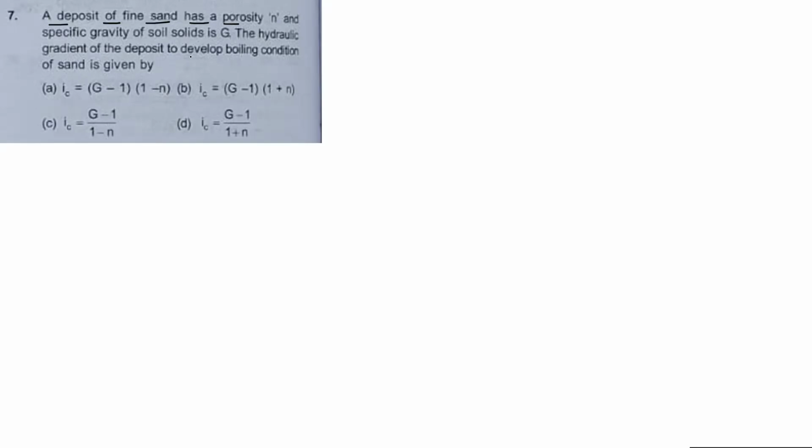Again, this is explained in question number 1. You know that Ic is equal to (G minus 1) divided by (1 plus e). In this case, porosity is n, so e is equal to n divided by (1 minus n). Put this value of e in Ic and you get Ic equal to (G minus 1) divided by (1 plus n divided by (1 minus n)).